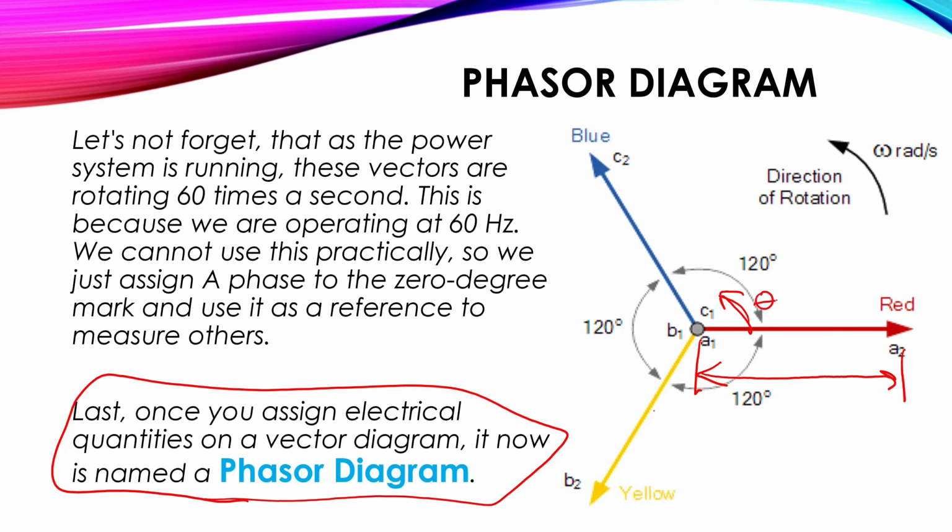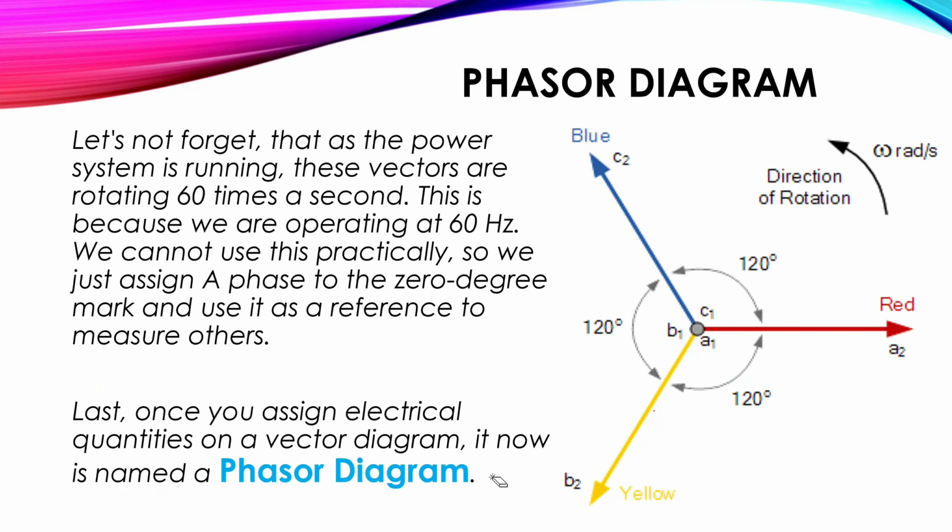And all vectors have a magnitude and a direction, but when you assign an electrical quantity to it, it becomes a phasor. And so that's why they're called phasor diagrams, okay? Some people like to call them vector diagrams. That's because they're stuck in the mechanical engineering world or they're just untrained. But it's technically a phasor diagram when you start looking at electrical quantities, okay?